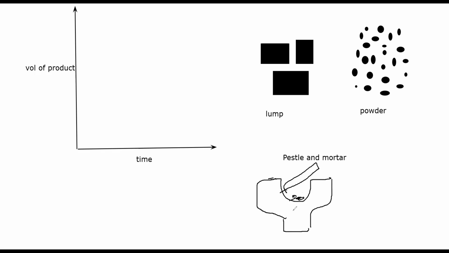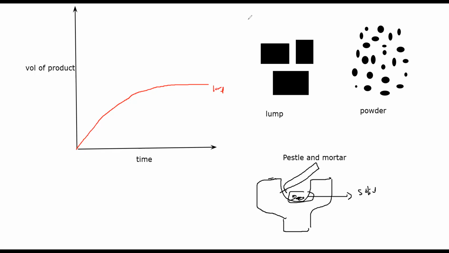We can crush this solid. So if we use lumps, the reaction in the beginning will be slower, meaning the rate will be slower. Eventually it will stop after some time. This is when you are using lumps.